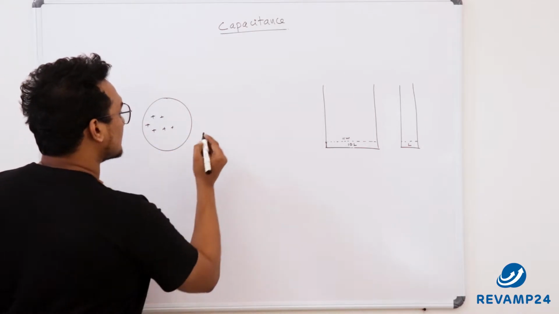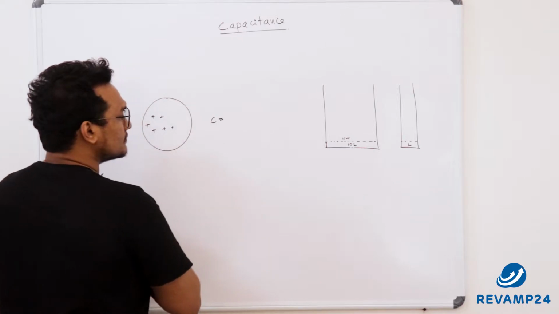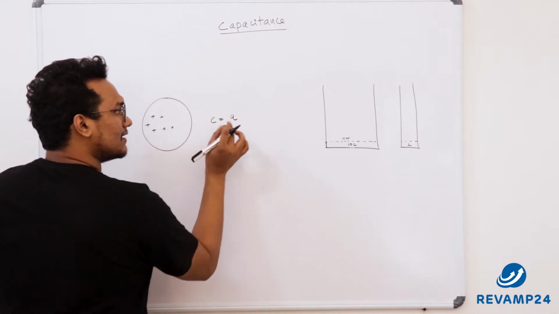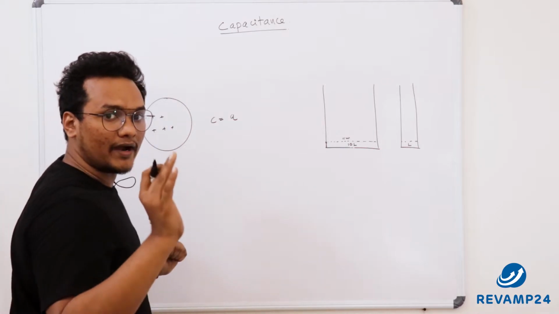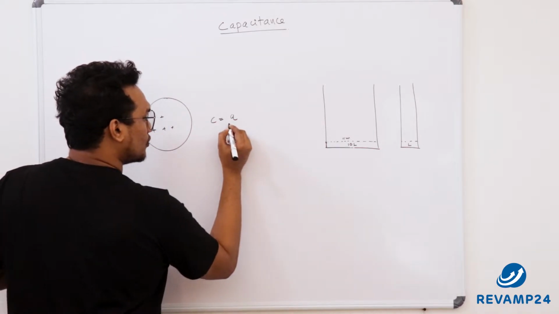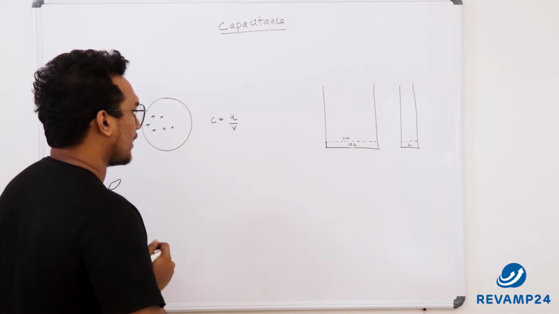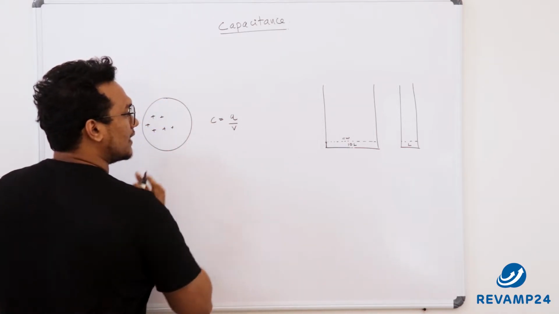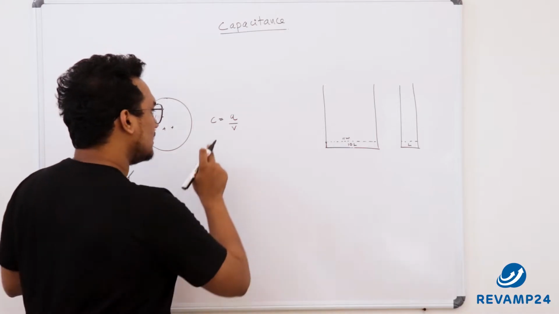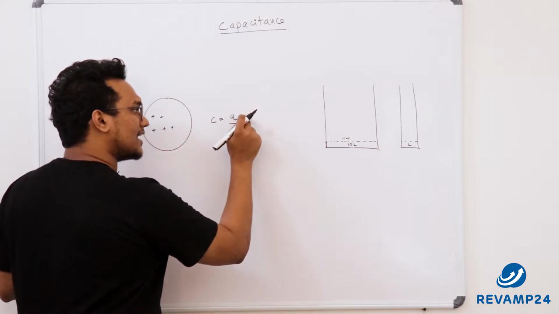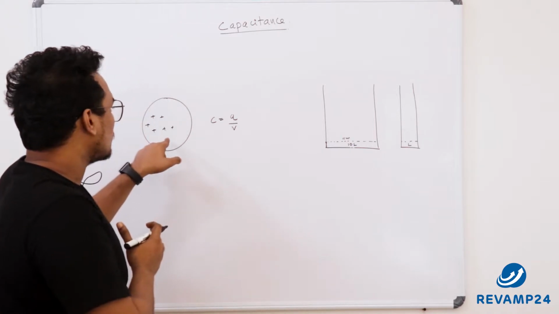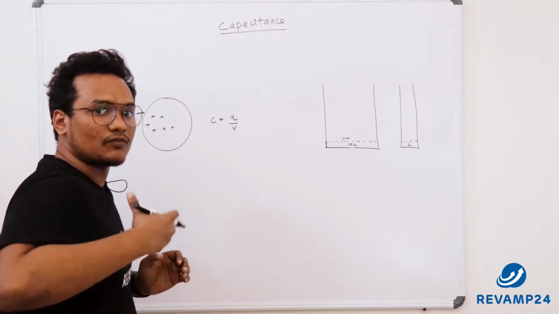So capacitance is defined as the charge required to increase the potential by 1 volt. So Q by V. Simply, when V is 1 volt, the charge measured is the value of capacitance.